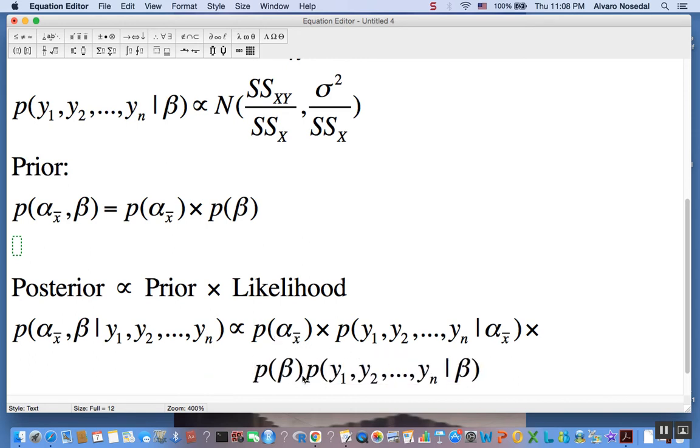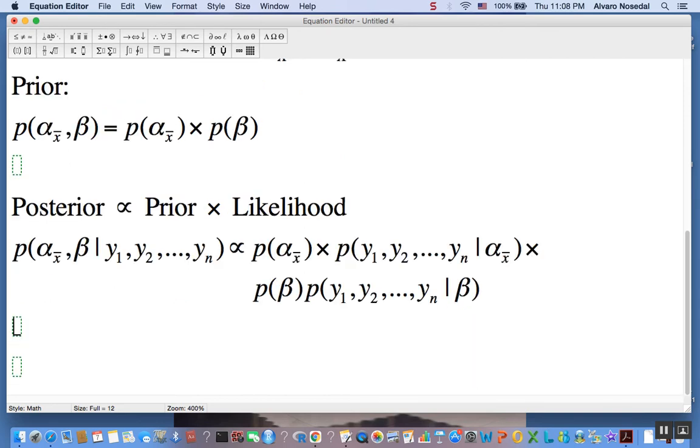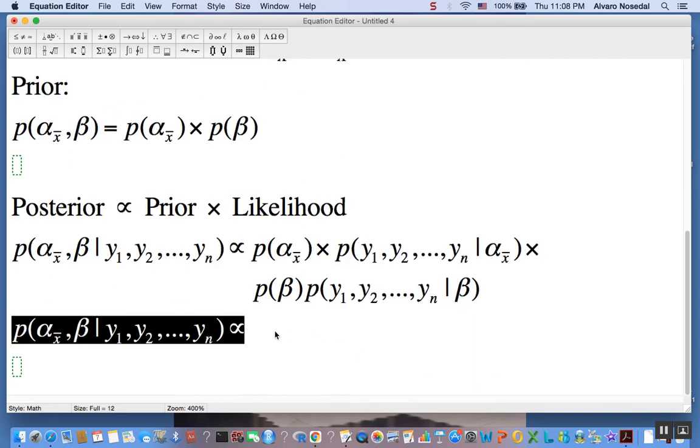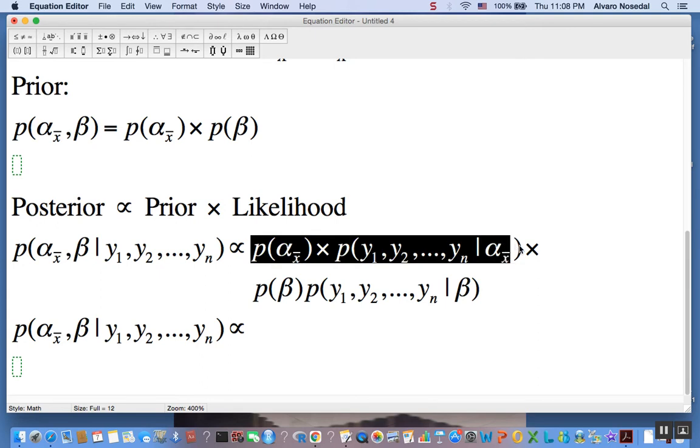So we have this, and then in the end what we have is that the joint posterior is just the product of the marginal posteriors.